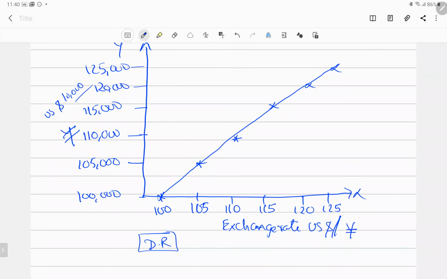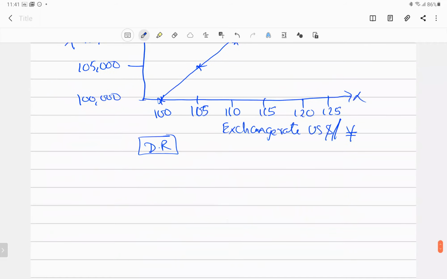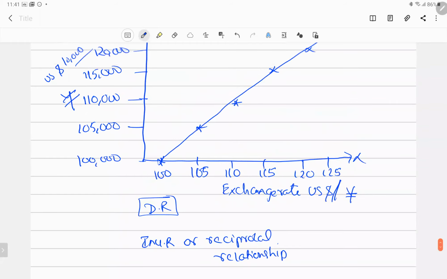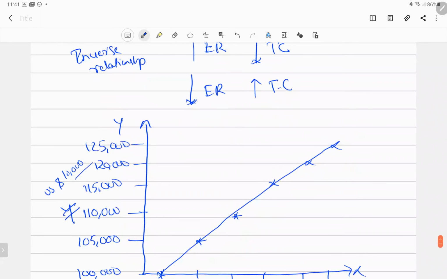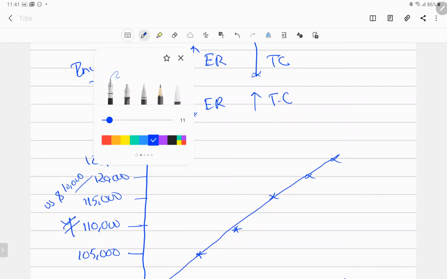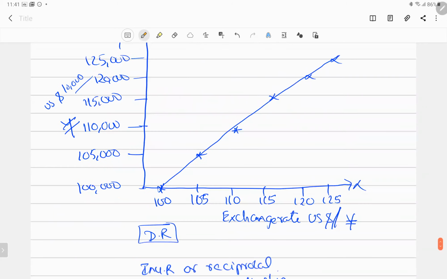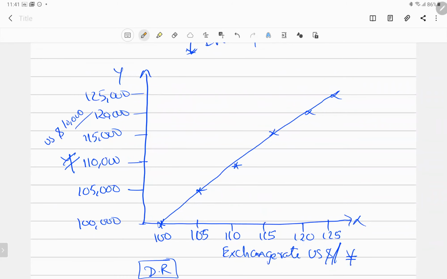So when it comes to the same chart, when it comes to the inverse relationship, or the reciprocal relationship, the chart will, as your exchange rate rises, decrease.